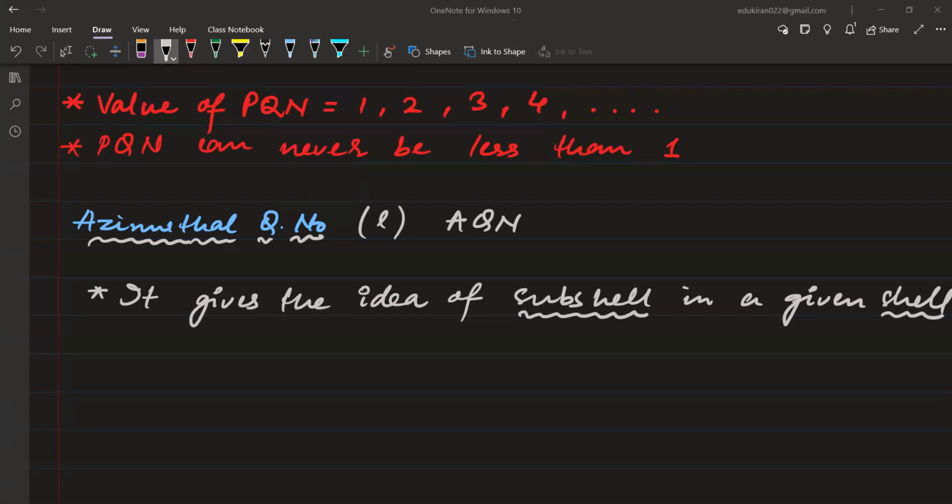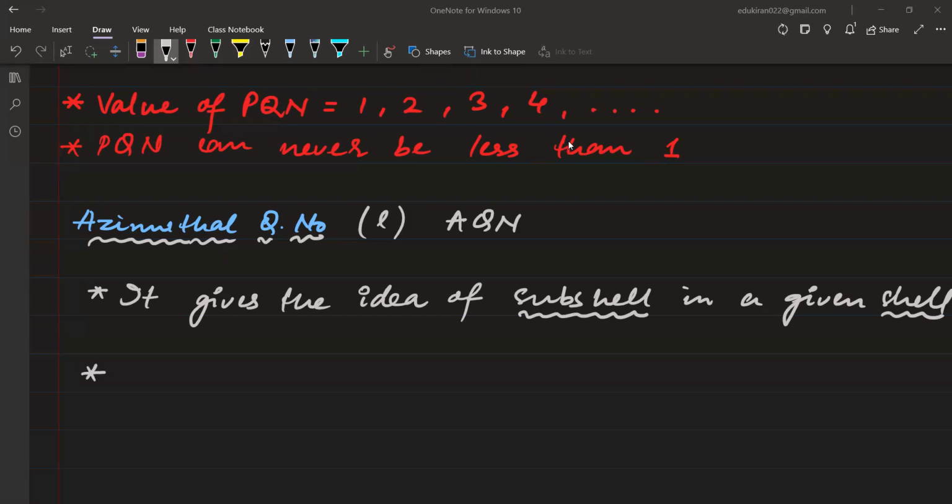Okay, it gives what subshell it is. Understood? Okay. Now, next thing is that for a given value of PQN, please write.